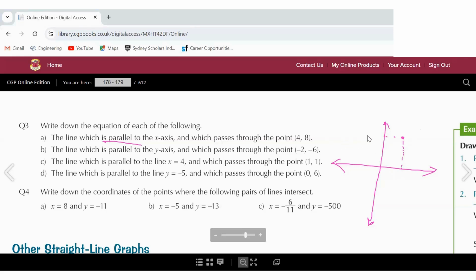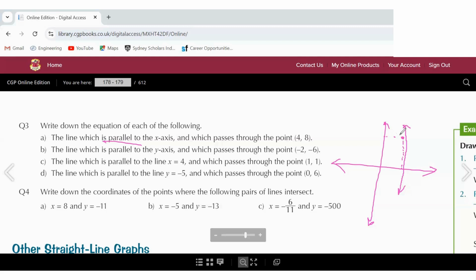The line is parallel to x-axis. So x equals 4? If x equals 4, then the line would be like this, where it is parallel to the y-axis. But our question is parallel to the x-axis.